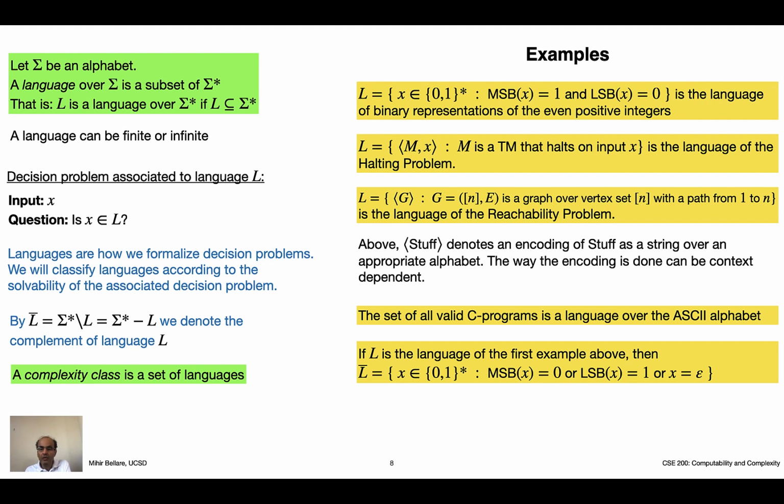Okay, so now turning back to the examples, you might look at the set of all valid C programs. That's a language over the ASCII alphabet. And as an example of complementation, take the first language above, and when you complement it, you get all binary strings that do not satisfy the condition stated in the first language.